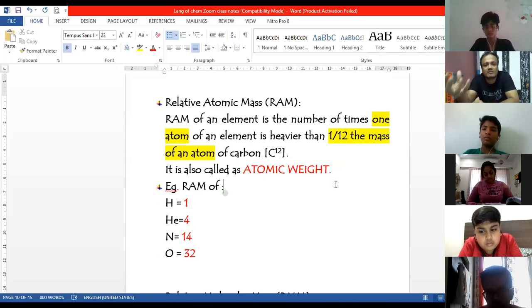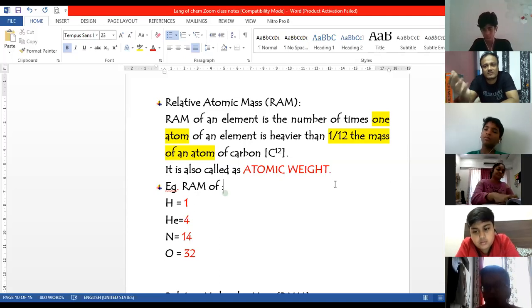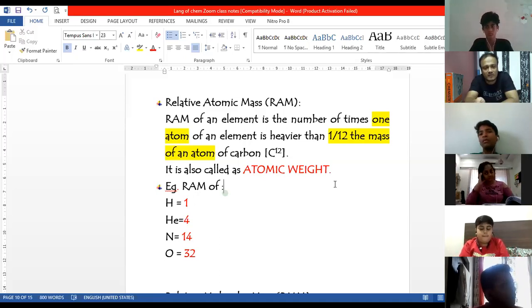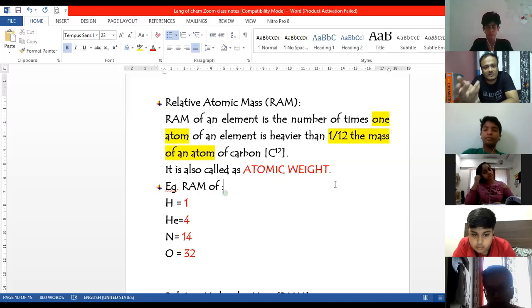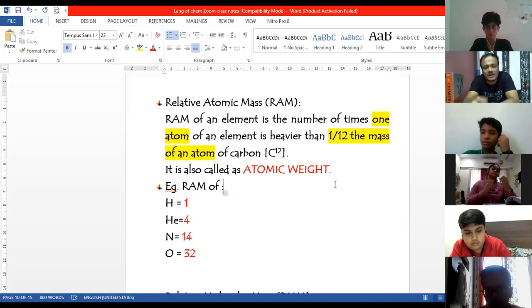We take an atom of carbon as the standard substance, and with respect to that we put in the weight of the number of atoms of the particular element which we have to find out. So if I am taking 1/12 the mass of an atom of carbon, whatever mass of that particular element we find, we get the relative atomic mass of that element.